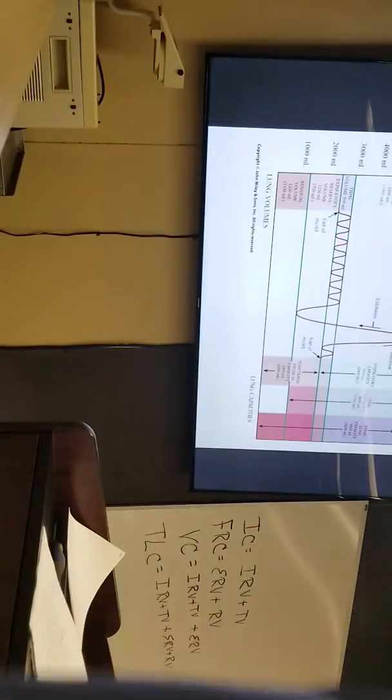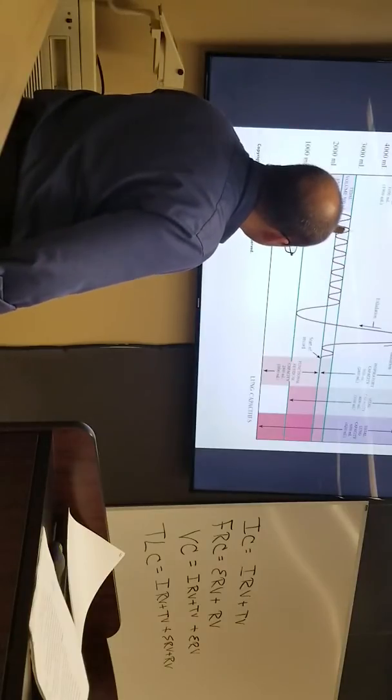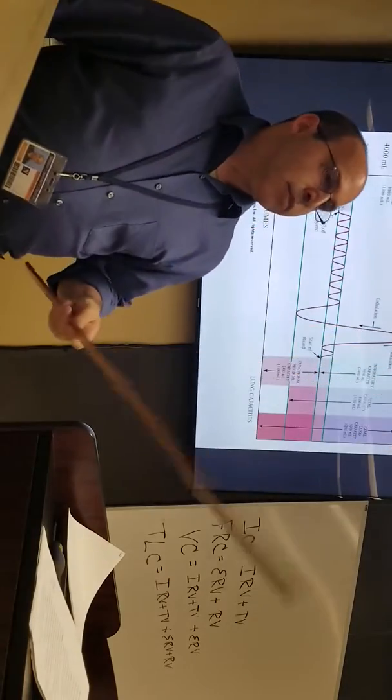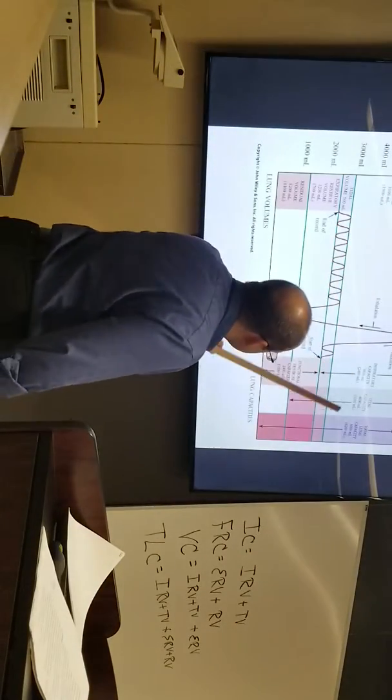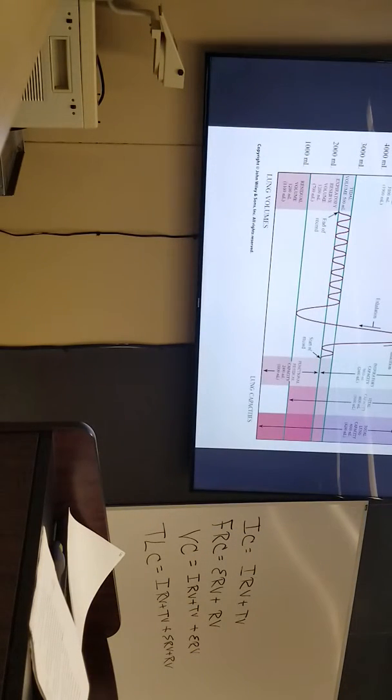So you're going to have to know, what does this top portion mean? What volume is this? What volume is this? But you will see a number there. The arrows will be drawn in. You have to know what capacities they are, that way you can figure out the answer.